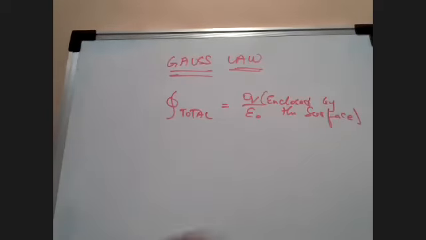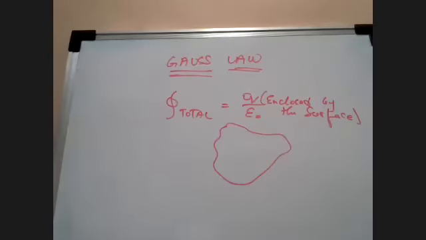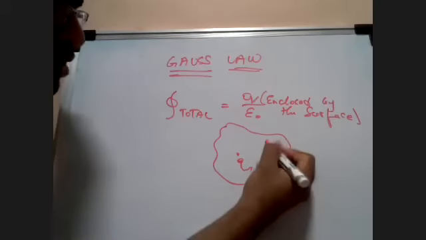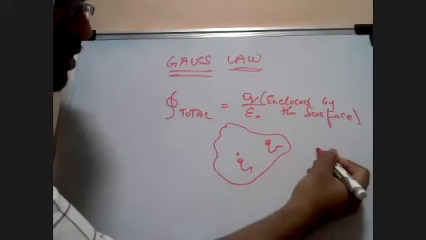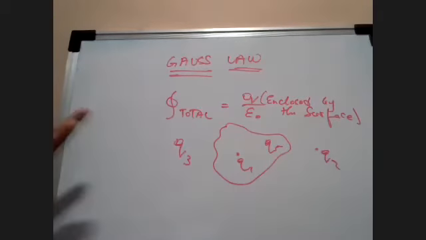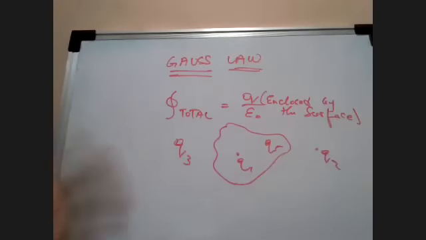Suppose there is one small surface over here, and there are several charges over here: Q1, Q5, Q2, Q3. What is Gauss law saying? That the total flux that is emerging out. What is flux basically?